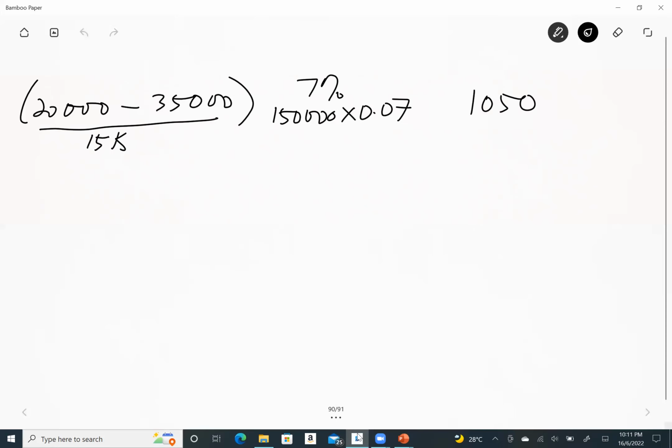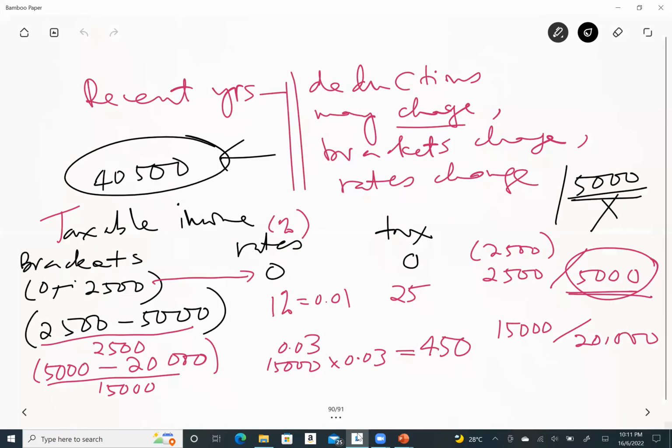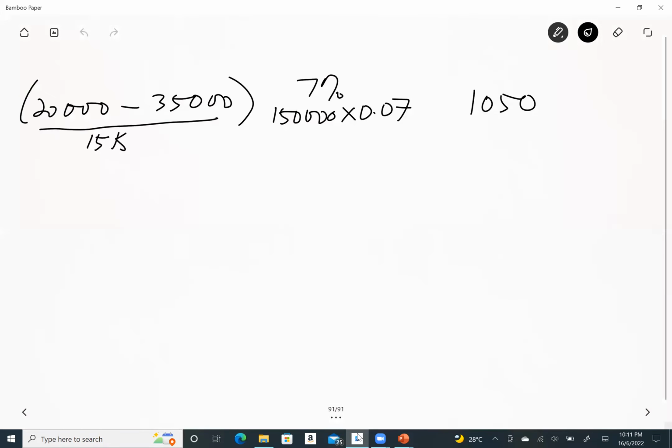So now you add another 15,000. So the income that we are taxed on already is 35,000. Of course you can get it directly by looking at the previous bracket and adding the subsequent bracket: 20,000 plus 15,000.